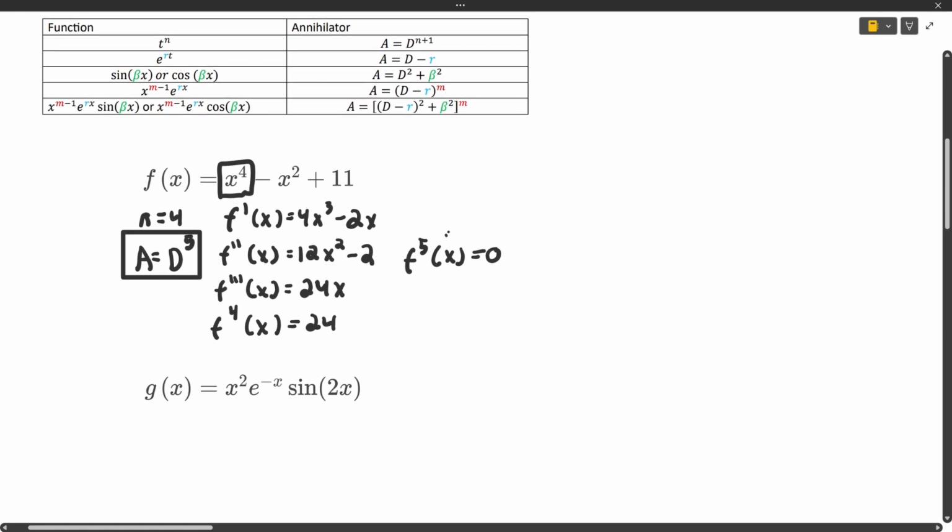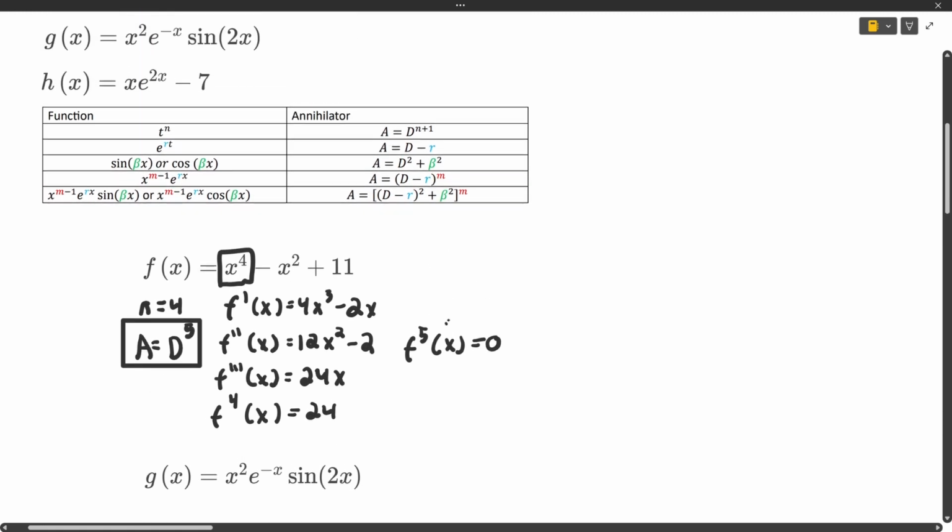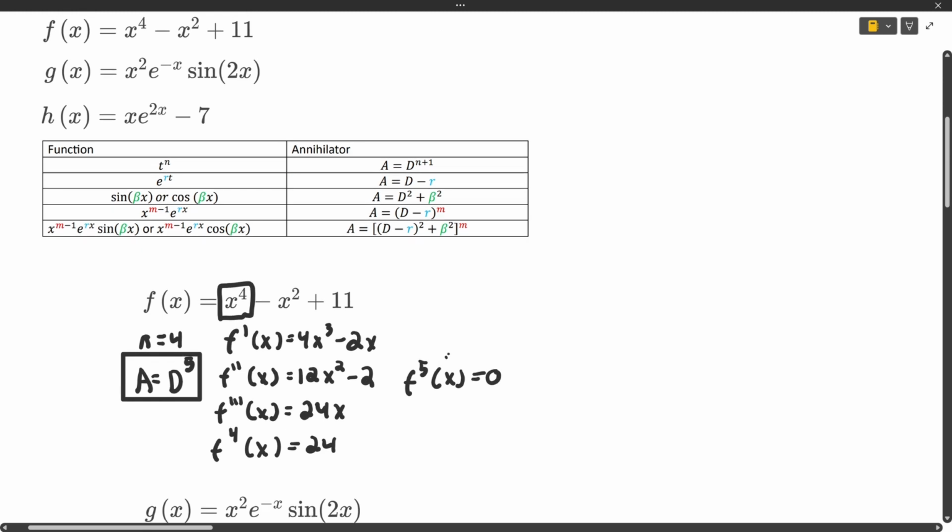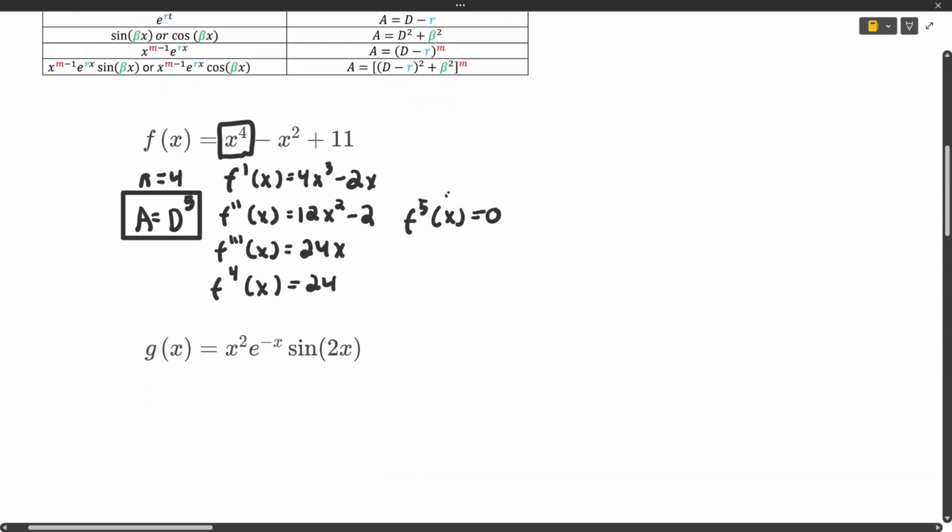We see here that our g of x function matches the last row of our table. So let's start writing down our values to get this ready. We have our x squared, so we see that 2 is equal to m minus 1, which means our m is equal to 3.